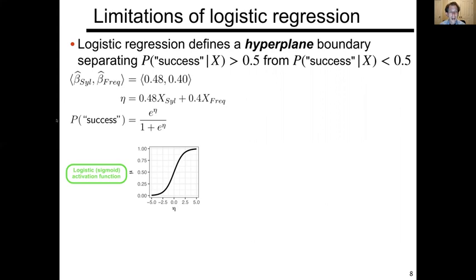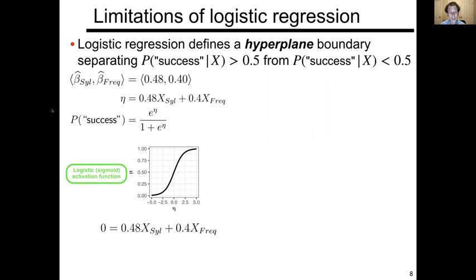To think about that, in turn, let's look at the relationship between the linear predictor eta and the predicted mean rate of success mu. You'll notice that mu is predicted to be 0.5 when eta is 0. So when eta is 0, we're on the hyperplane boundary. If we think about that with respect to our linear predictor equation, then we have 0 equals 0.48 times x of syllable plus 0.4 times x of frequency.